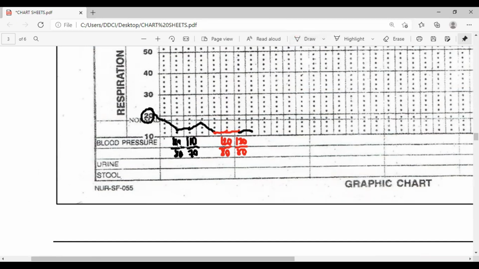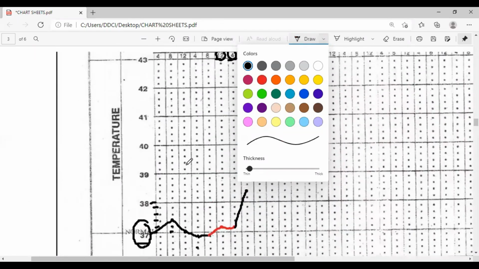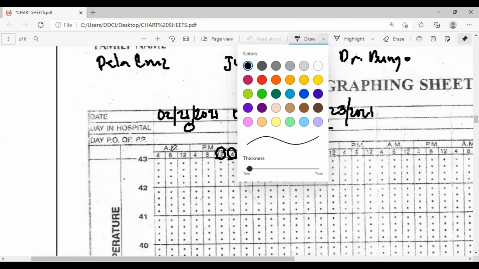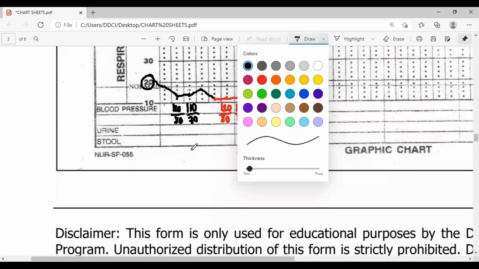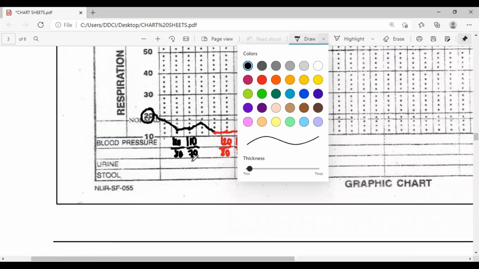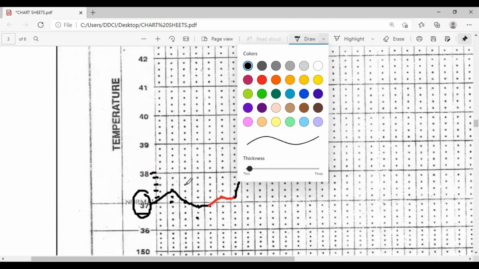Then for the urine, usually you count the urine output, and after the shift, let's say you have 8 a.m., so you are on the 7 to 3 shift, so 8 a.m., 12 p.m., you usually write down the number of urine output under the 12 p.m. slot.